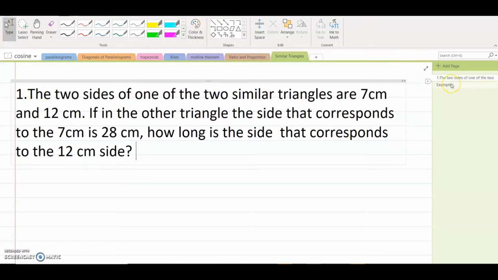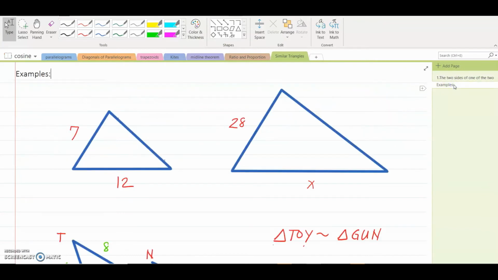So if you're going to draw or visualize this as a figure, it will look like this, number 1. So that means the corresponding side of 7 is 28 and the corresponding side of 12 is x.